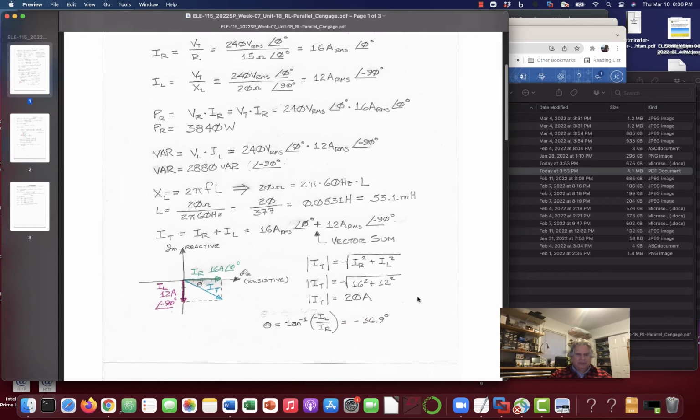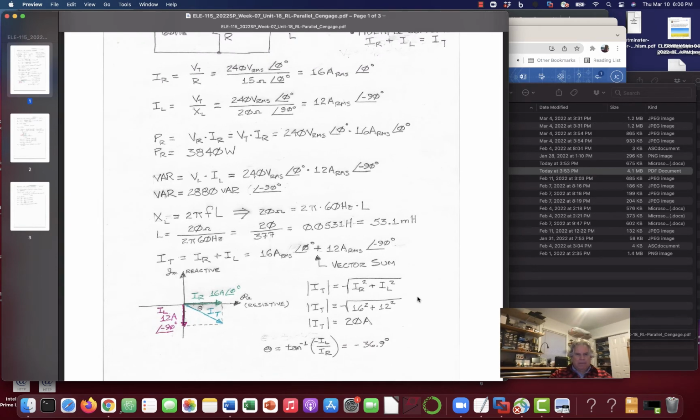Now it might be a good time to figure out the inductance of this thing here. We know that inductive reactance equals 2 pi FL. We know XL, they gave it to us, it's 20 ohms, and that's equal to 2 pi F. F is 60 hertz, and L is a variable.